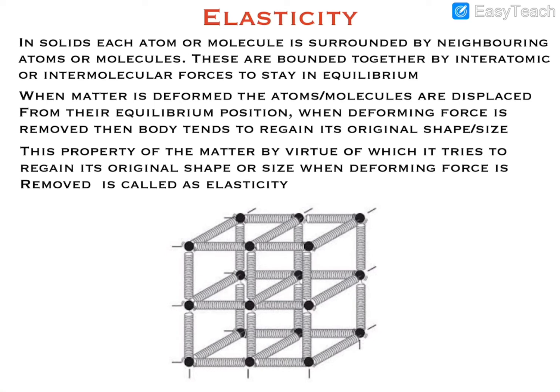We have compared a spring of a pen and a spring of a shocker. The shocker spring will oppose the deforming force more as compared to the pen spring, so the shocker spring is more elastic. It is very important to visualize that a material which is very hard to deform will be more elastic.